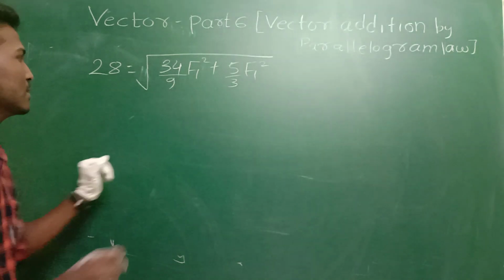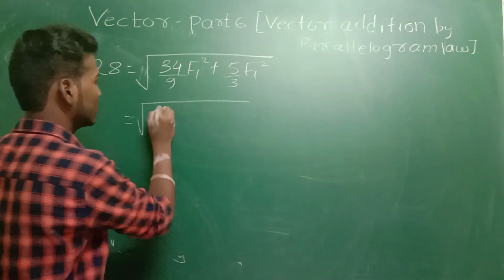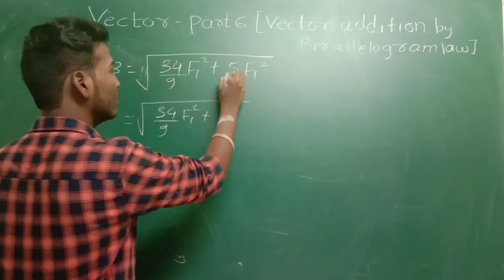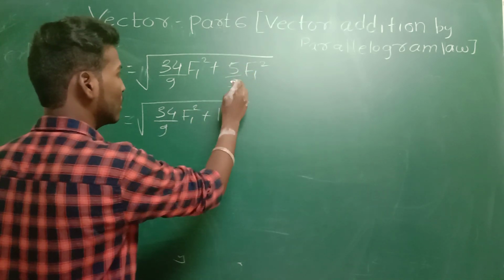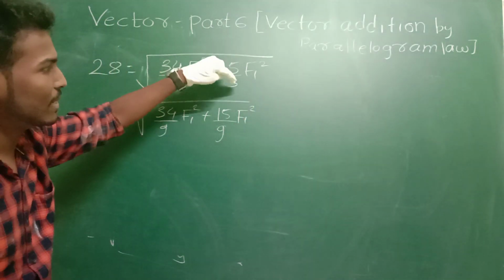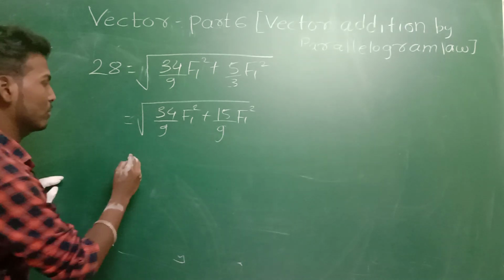Let's make the denominators equal: 34 by 9 F1 square plus, multiplying by 3, 15 F1 square by 9.